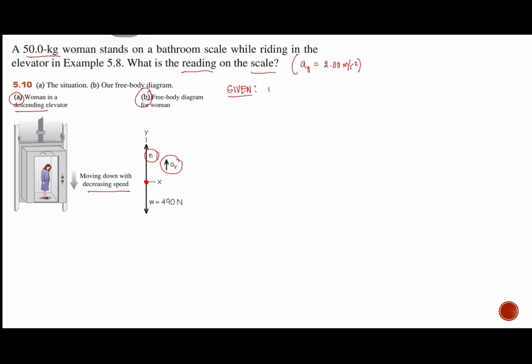We have the mass of the woman, which is 50 kilograms, and our acceleration along the y is 2 meters per second squared. Okay, so Newton's second law equation: the sum of all forces is equal to the mass times the acceleration.